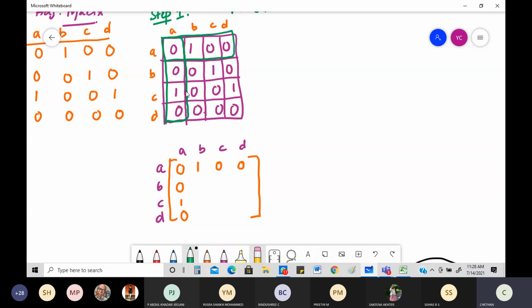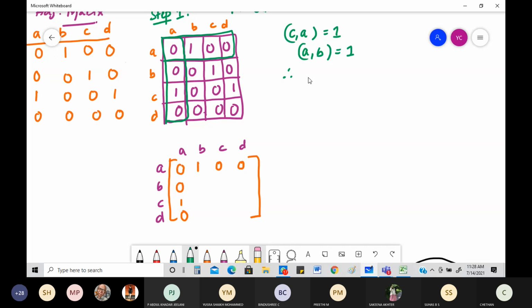First, check this: C comma A is equal to 1, correct? Can I have anything from A starting? Yes, A comma B is equal to 1.